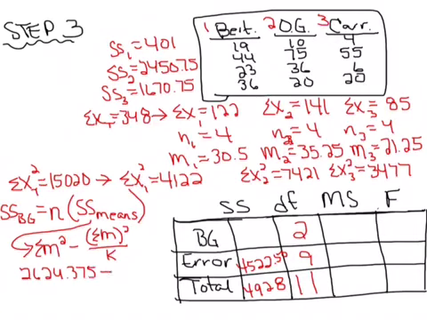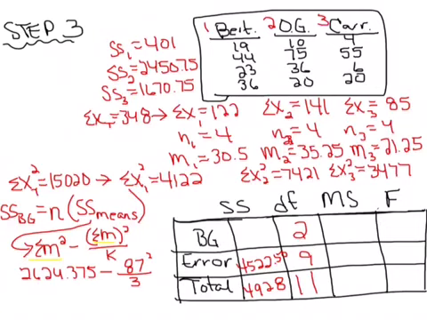Now that's just for the first portion, the sum of m squared. But now we need the sum of m. We calculate 30.5, the means, plus 35.25 plus 21.25, and you should be getting 87. So that goes in the numerator, 87 squared. And we have 3 groups, so 3.